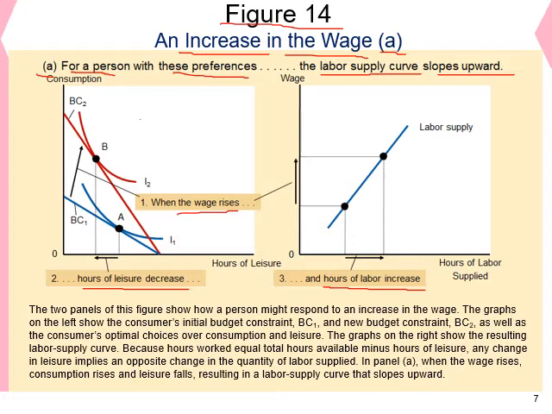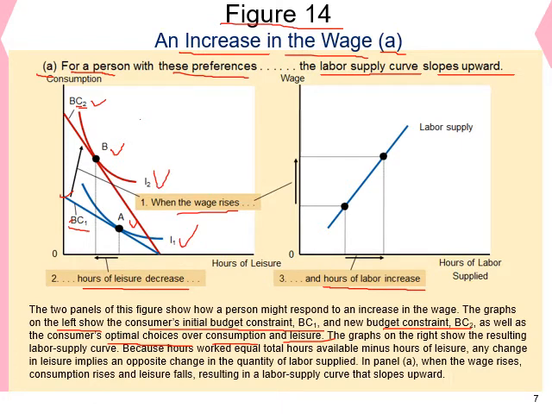The panel on the left shows the consumer's initial budget constraint BC1, the blue line, and the new budget constraint BC2, the red line, as well as the consumer's optimal choice over consumption and leisure at point A and point B, with point A on I1 and point B on I2.